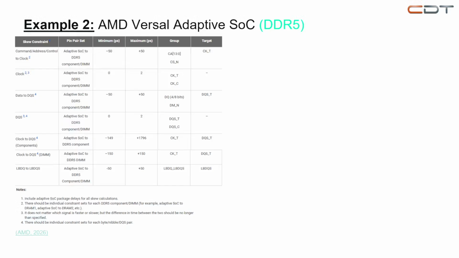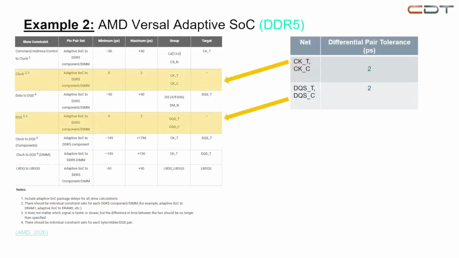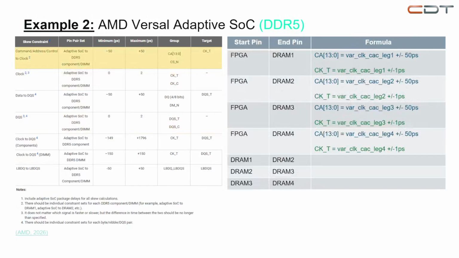Here's another example. This is from a different chip. This is the AMD Versal Adaptive SoC, and this is a DDR5 example. Again, this is from the datasheet, and what you'll see is they're actually very similar from a constraint standpoint. We have some differential pairs, the clock and the strobe signals, and we can define that differential pair tolerance in the same way. We have our common address control to clock skew, and here the datasheet actually specifies that clock is the target.